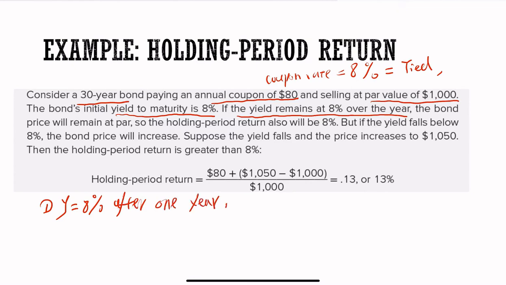Now in this case, what is your holding period return? Holding period return basically means your realized return for this holding period. Here we have this 1 year holding period.